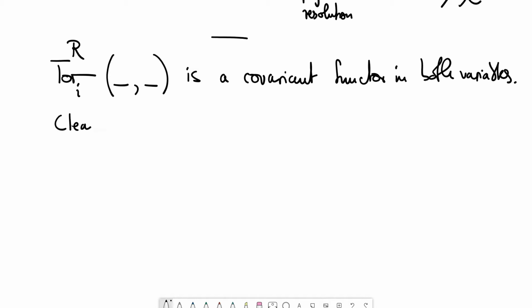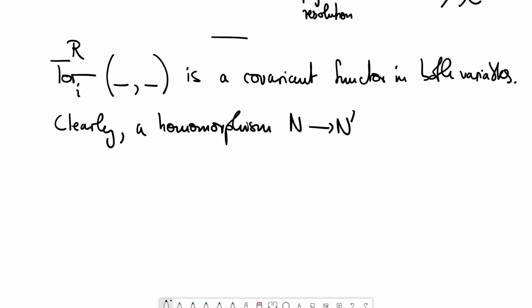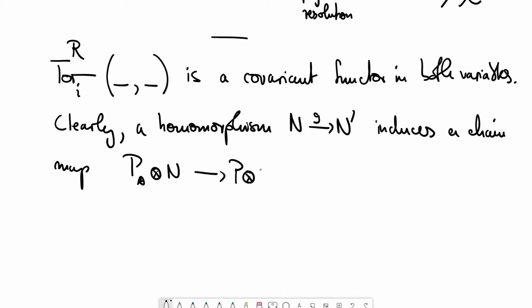So clearly, if you have a homomorphism from N to N prime, let's call it g, this induces a chain map P_* tensor N to P_* tensor N prime, just by the identity tensor g, and hence a map between the Tor terms.